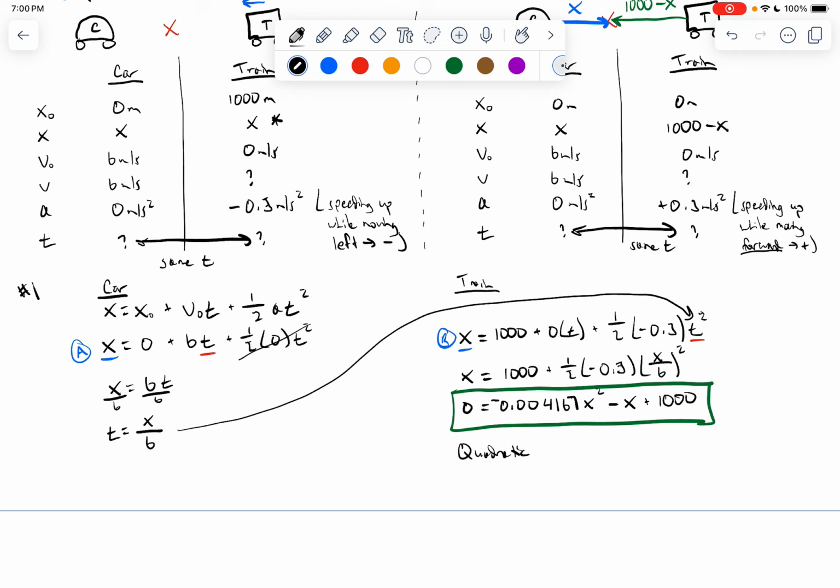But if we solve this quadratic using our algebra tools, we're going to get two possible answers. 384.4 meters is one option. And then our other mathematical solution here is going to be negative 624.38 meters.